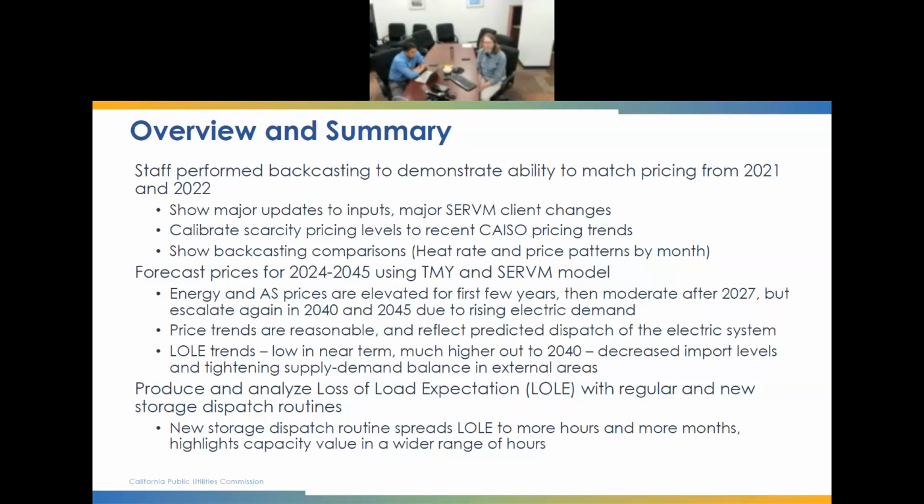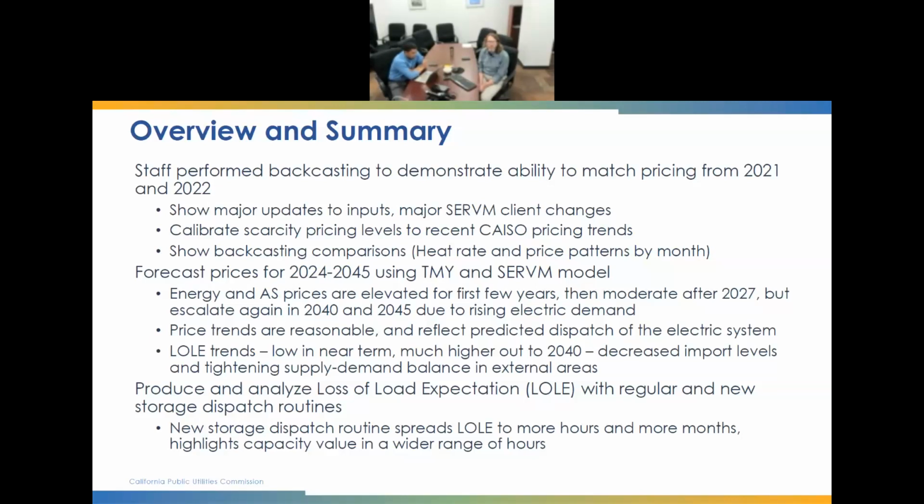The main takeaway from the forecasting part is that the energy and the ancillary prices were elevated for the first few years, then moderate after 2027, but again they get elevated in 2040 and 2045 due to the rising electric demand. The price trend is overall reasonable, and that's what we expected.